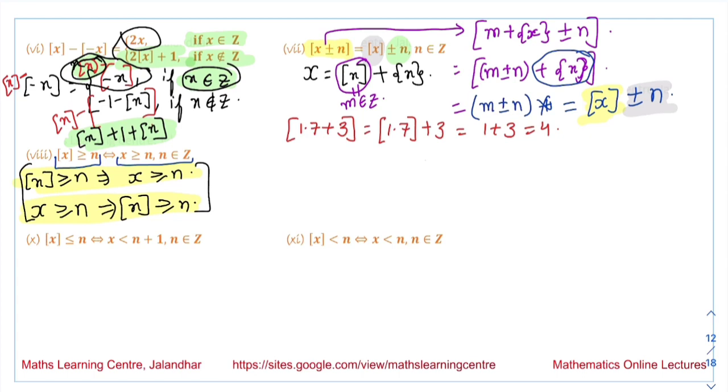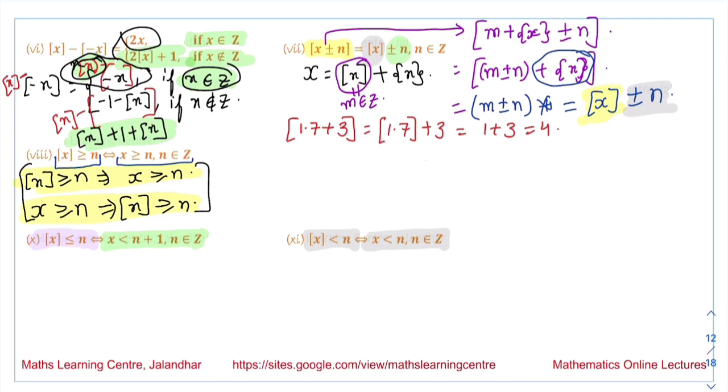Similarly, we have the next two properties: if greatest integer of x is less than or equal to n, then this implies and is implied by x is less than n plus 1. And next, if greatest integer of x is less than n, then if and only if x is less than n. So these are some basic properties or inequalities related to greatest integer functions.